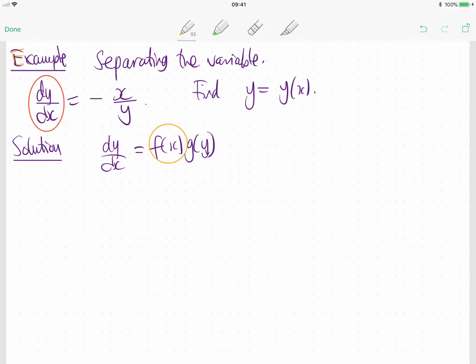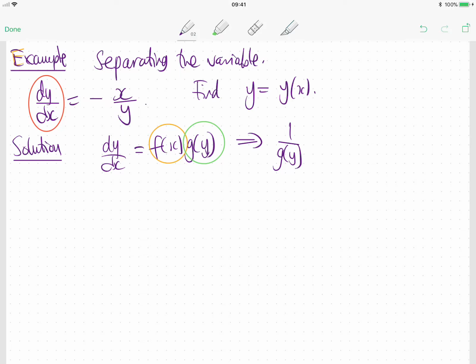So we can see here f of x, this is just loads of x's put together in various ways, and here all the y's put together, which can also be done in various ways. If we can do this, it's not always the case, but if we can split these variables, then what we should do is collect all the y's on the left hand side.